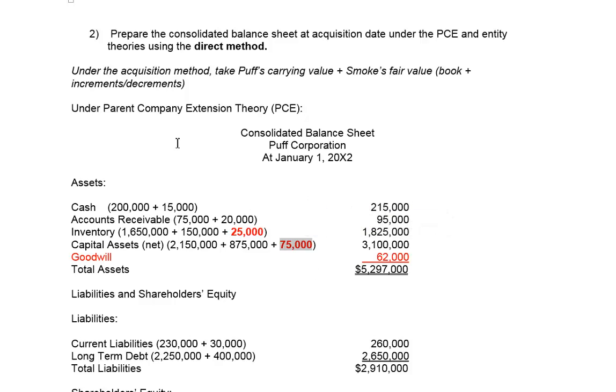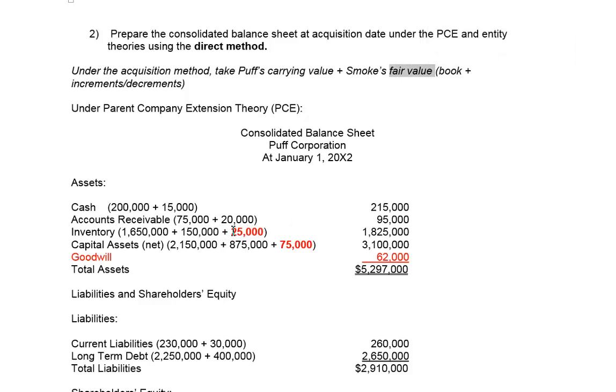But bear in mind, I am still using the acquisition method that looks at taking Puff's carrying value, which is the first number here. And for your inventory, it's $1.65 million, plus the fair value, which is equal to the book value, plus the fair value increment of the sub. So these two together, that $175,000, is Smoke's fair value.